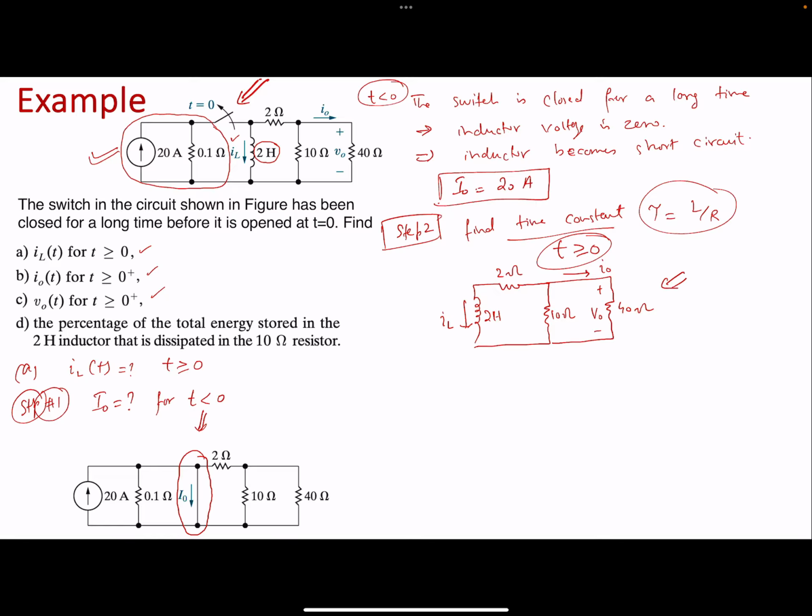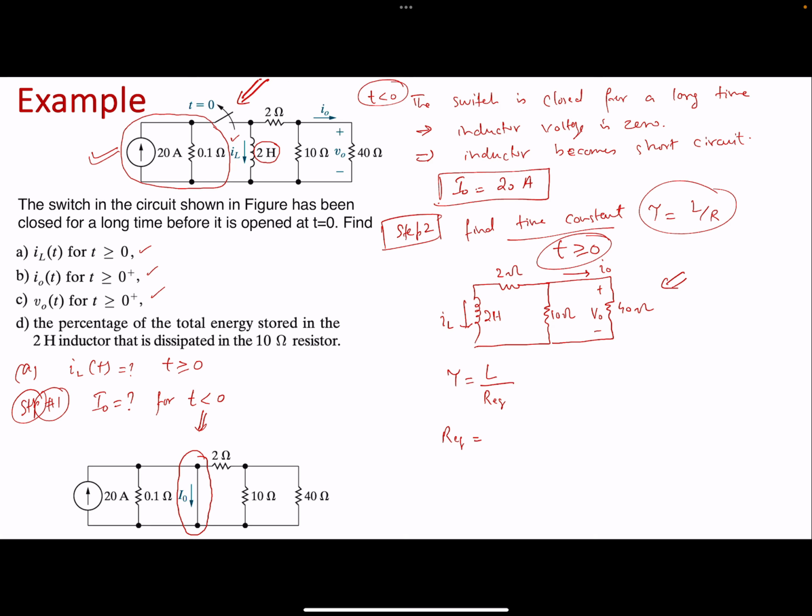As we discussed in the past, we can easily find the value of tau. Since we have multiple resistors, tau is going to become the inductor over the equivalent resistance of the resistors. Let's first find our equivalent resistance. We have three resistances.